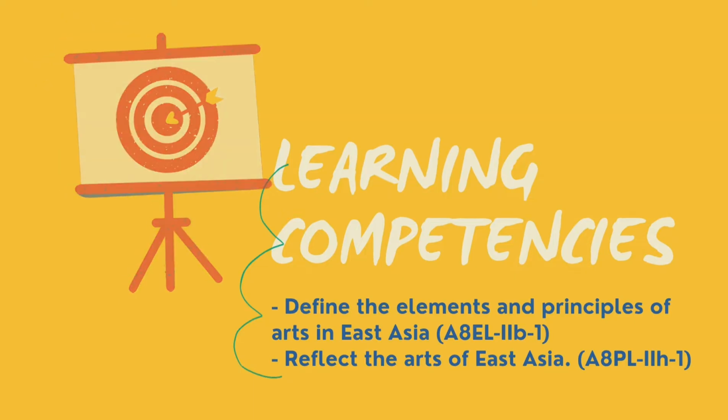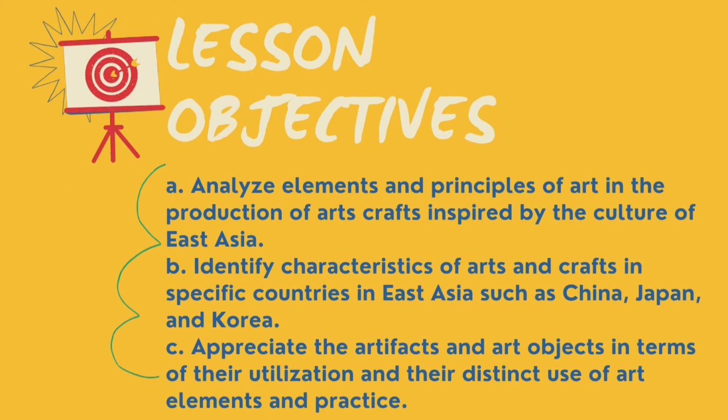A8PL2H1. And for the lesson objectives, at the end of this lesson, you will be able to: letter A, analyze elements and principles of art in the production of art crafts inspired by the culture of East Asia.